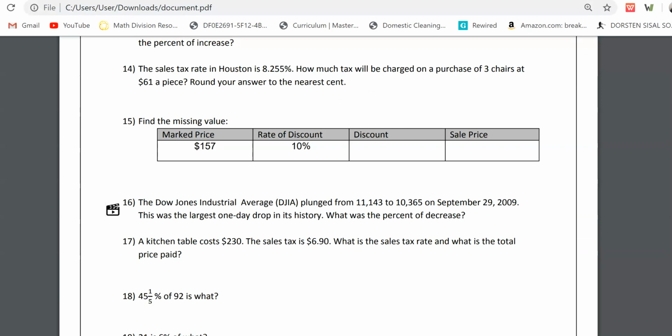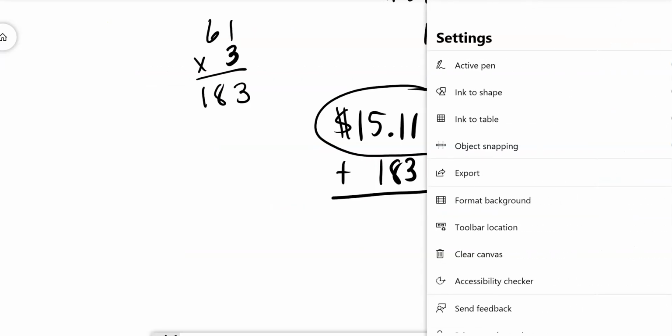Now let's look at number 15. Find the missing value. So we have the marked price, 10% is the discount. They want to know what the discount is and how much the sales price is. So we're just going to take 10% of the marked price, which is $1.57. You multiply those two. So the discount is $1.57.